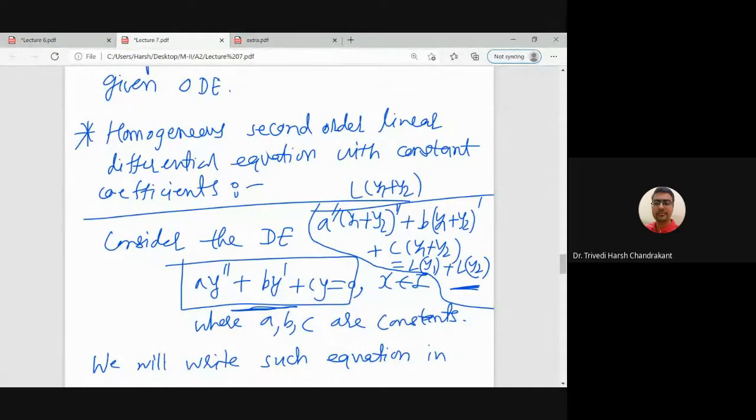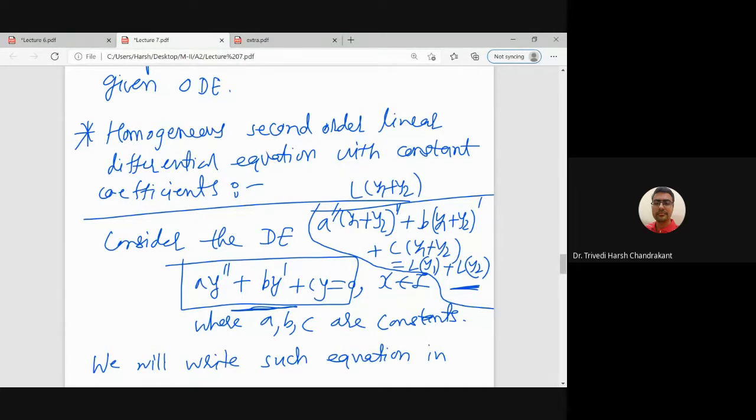So whenever we find solutions, we will always assume that a certain general function is a solution, and then we'll find the unknown coefficients of that solution. So usually we have observed that in some differential equations, the solution is of the form y of x equal to e power x, right?